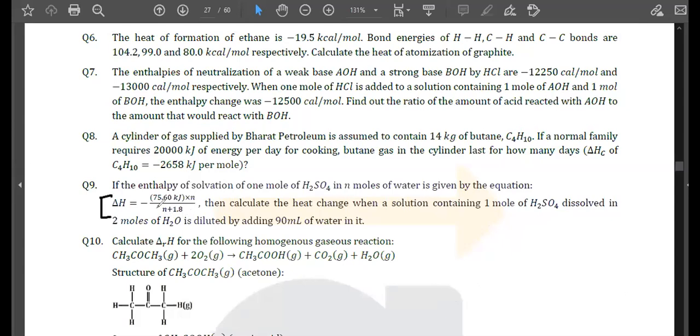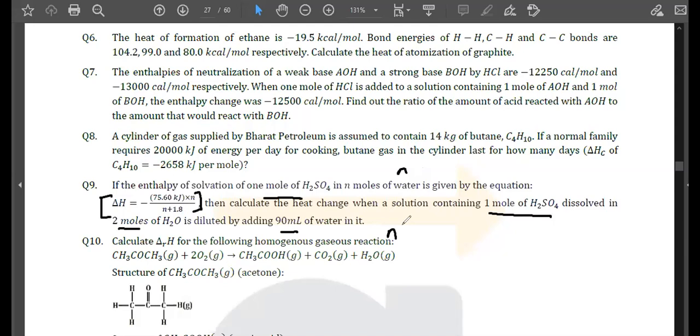This reaction is already given, where n is moles of water. 1 mole of H2SO4 and n mole of water. Now, in this case, 1 mole of H2SO4 is dissolved with 2 moles of H2O and diluted with 90 ml of water. What is the total number of n?